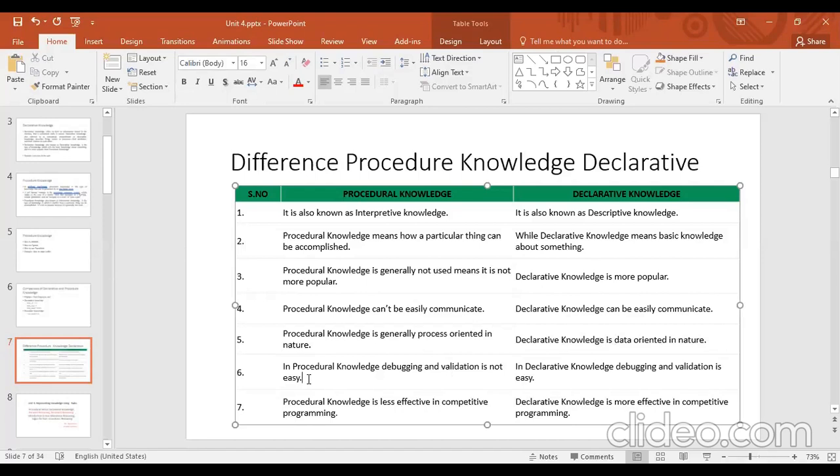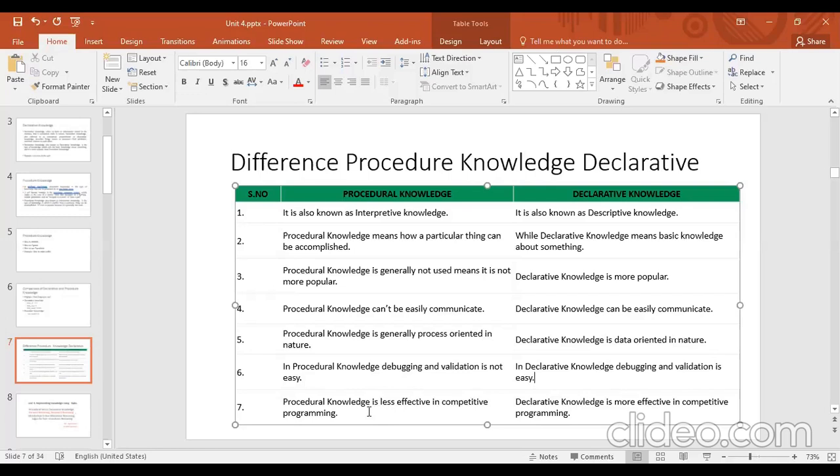Now next is procedure knowledge: debugging and validation is not easy, because in procedure knowledge all users have different processes, so there is no same issue for all users, so debugging and validation is not easy. But in declarative knowledge, debugging and validation is easy.